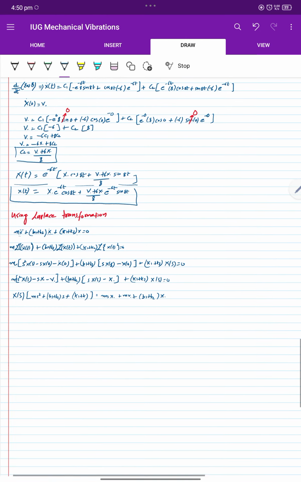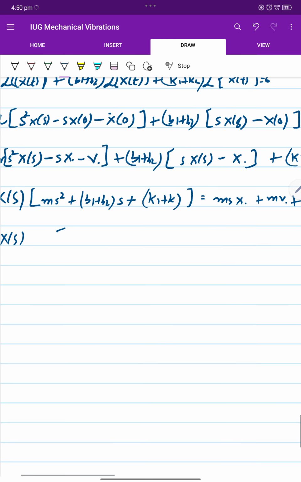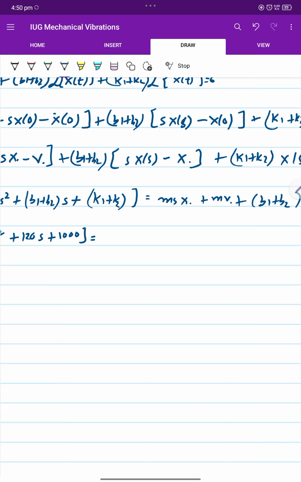I'll just plug those values into this equation, and we will have x of s into, it becomes 10 s square plus b1 plus b2 is 120 s plus k1 plus k2 is 1000 equals to ms, that is 10 s x naught plus 10 v naught plus 120 x naught.